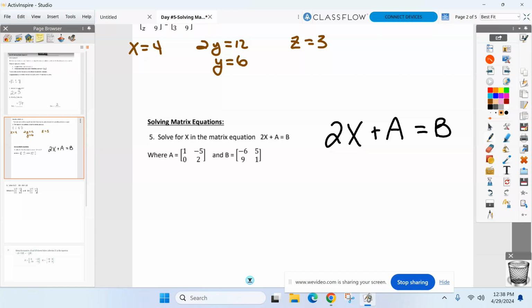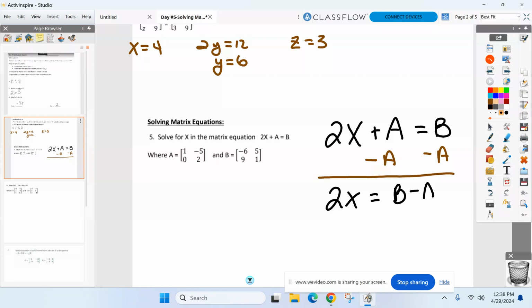Subtract A over. I get 2x. Now the order's got to stay: B minus A. It can't be A minus B. B minus A. Next step.